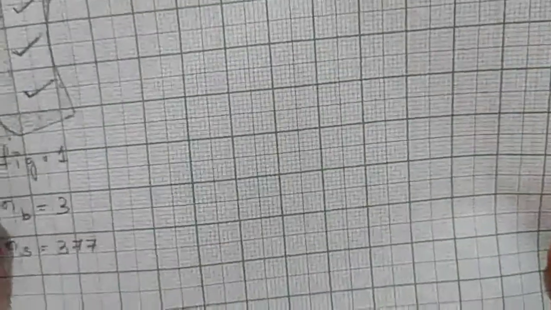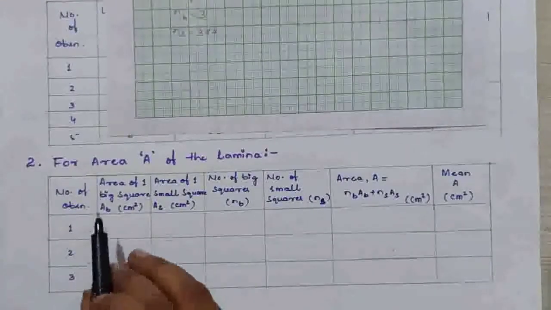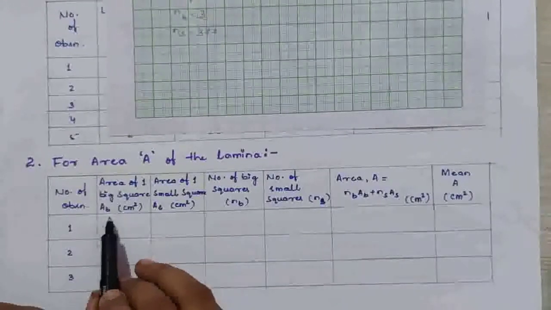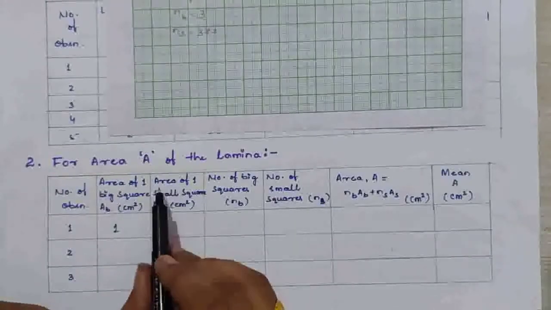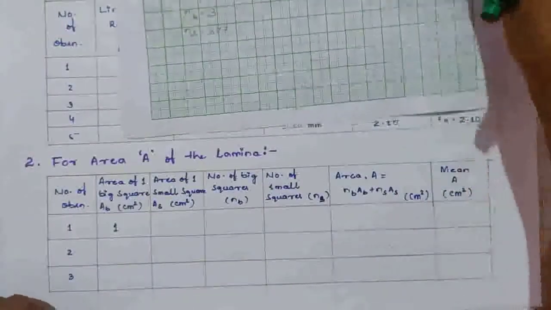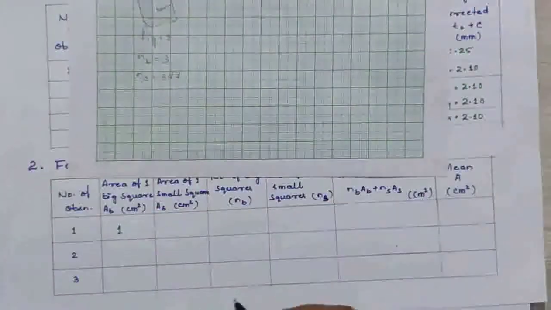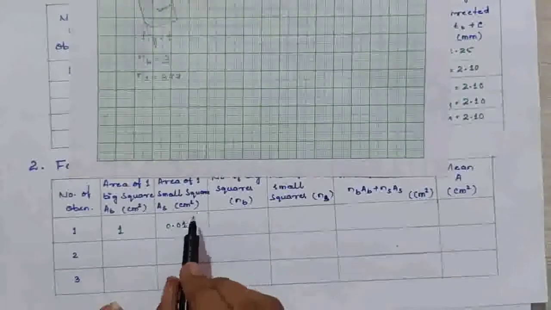Now we have to use these things in the tabulation. Let me show you that. In the first thing we have the area of one big square, AB, that is equal to 1 centimeter square. We know this. The area of one small square, AS, small square means these little tiny squares we have. You can see in one big square we have 100 small squares, so that will be equal to 0.01 centimeter square.